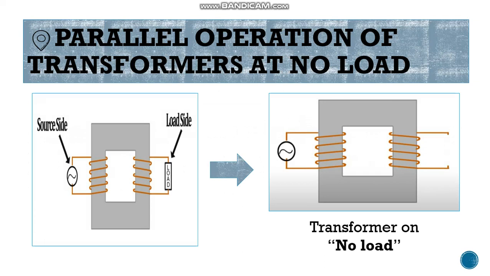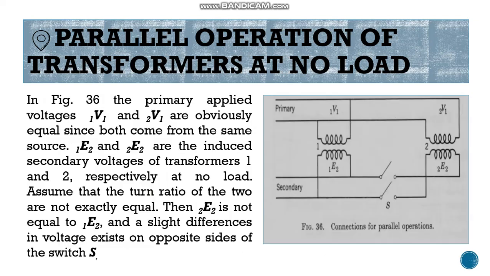Now, let's discuss the parallel operation of transformers at no load. Transformer on no load means that when there is no load connected to the secondary side or load side of the transformer. In figure 36, the primary applied voltages of the transformer 1 and transformer 2 are obviously equal, since both came from the same source.